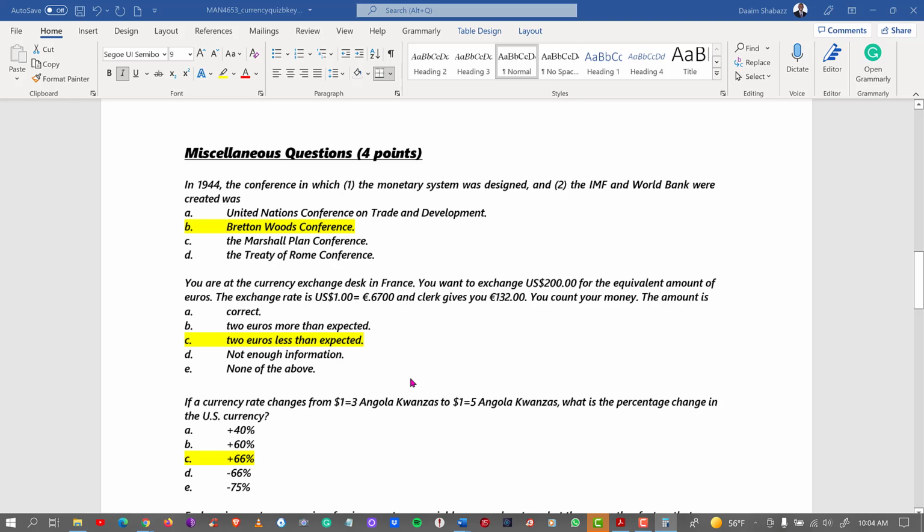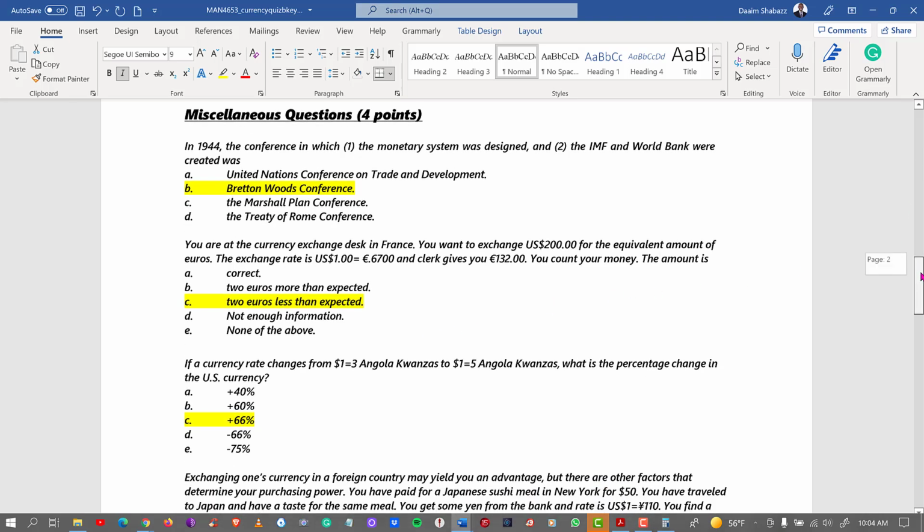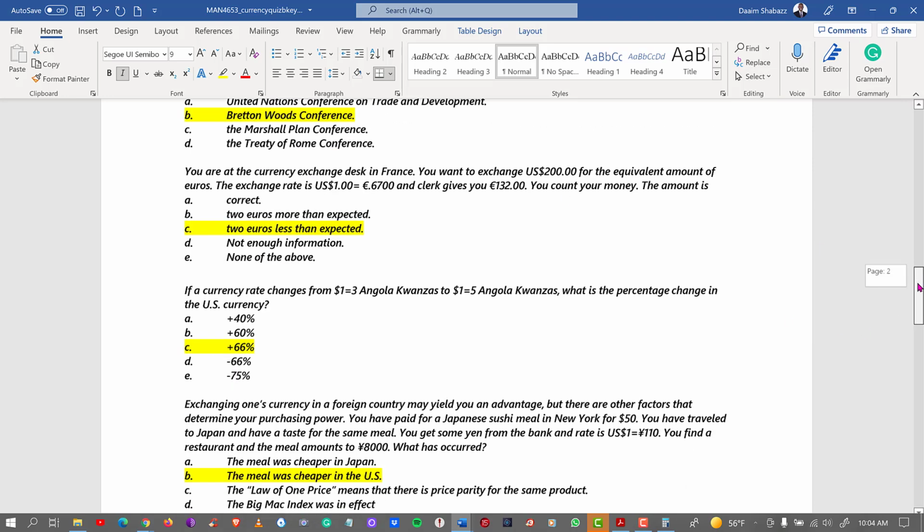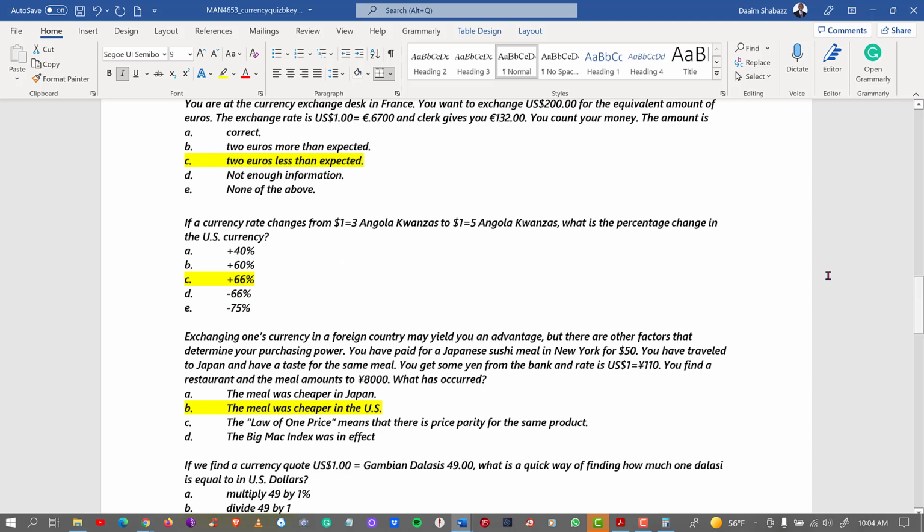Some of the multiple choice, some of these were related to the video we saw, the Bretton Woods conference, where they showed footage of that creating of the IMF and World Bank. In this one, you had, we know how much $1 is equal to, so how much is 200? It's just a multiple, so that is just 200 times 0.67.